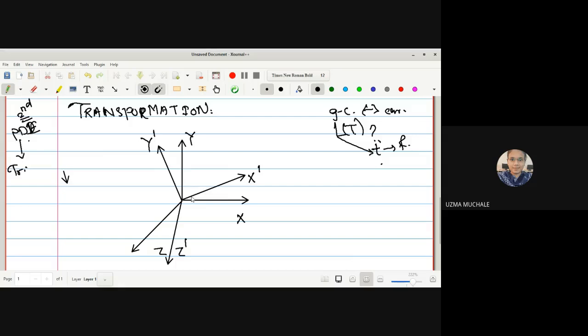Okay. After rotation through an angle theta, the x-axis is shifted to x dash, y is shifted to y dash, and z is shifted to z dash. Right. Assume that if you are sitting in your home, there will be some corner, right?